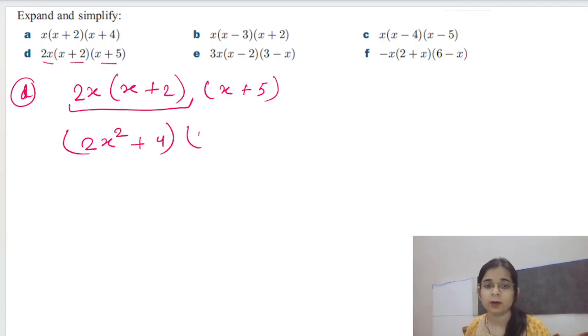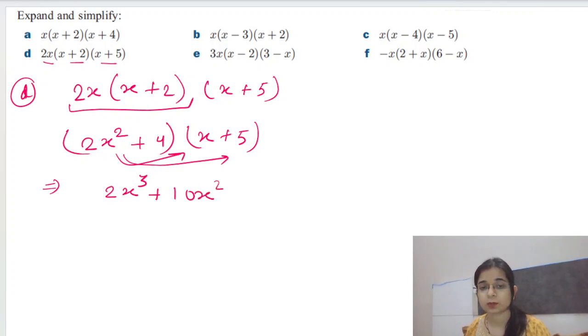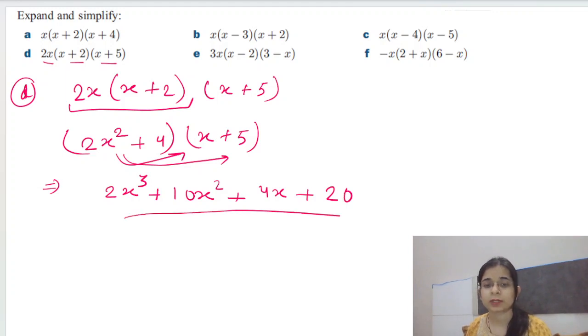Now keeping that second bracket as it is, now this is the product of algebraic expressions. 2x square into x is 2x cube. 2x square into 5 is 2 into 5, 10x square. Now 4x into x is 4x square and 4x into 5 is 20x. Here no term is like, so this will remain your answer.